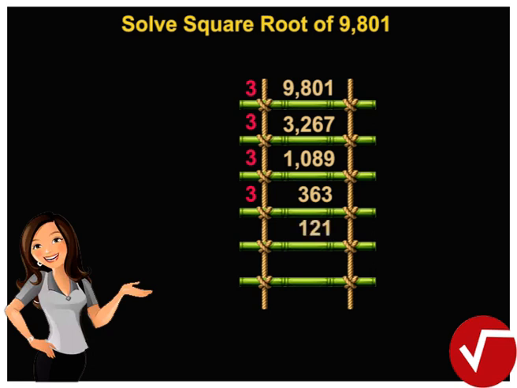Write 3 to the left of 363 on the ladder and write 121 on the next bottom step. 121 is divisible by 11 and it gives 11. 11 in itself is a prime number and it gives 1. Here our ladder is complete because we have reached 1.